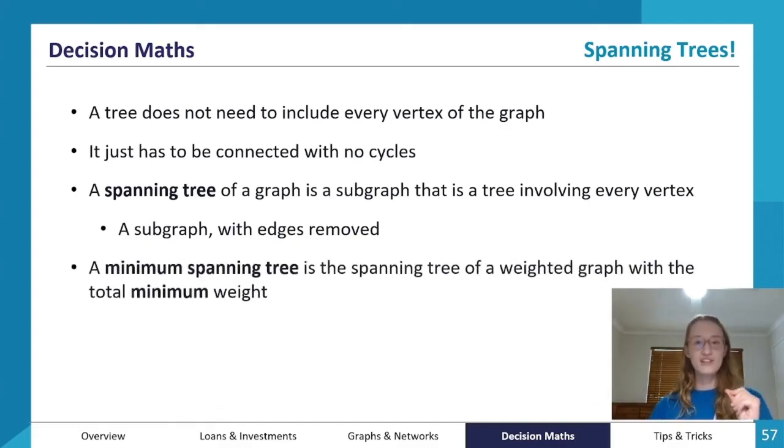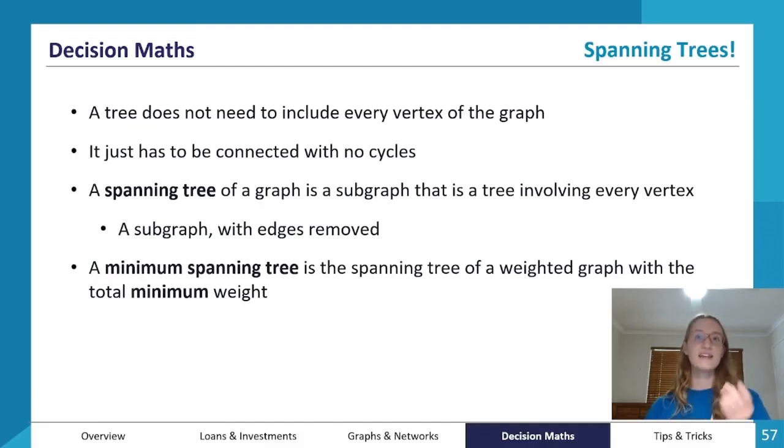And then to make our definition a little bit more specific, a minimum spanning tree is the spanning tree of a weighted graph with the total minimum weight. So we're coming back to what I mentioned earlier, almost like the shortest path, except here we're not talking about a path. We're talking about the minimum spanning tree, which is the spanning tree of a weighted graph with the total minimum weight.